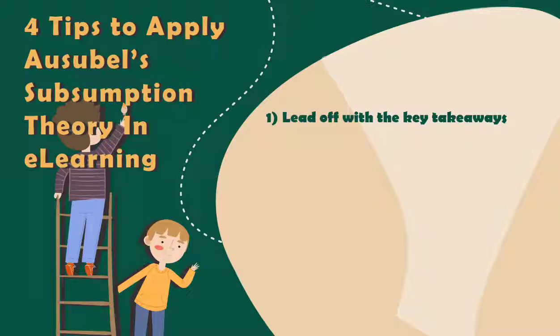First is lead off with the key takeaways. So begin your e-learning course with a general overview that highlights everything the learners need to know by the end, and then sequence online material from general to specific. And that is the process Ausubel calls progressive differentiation.